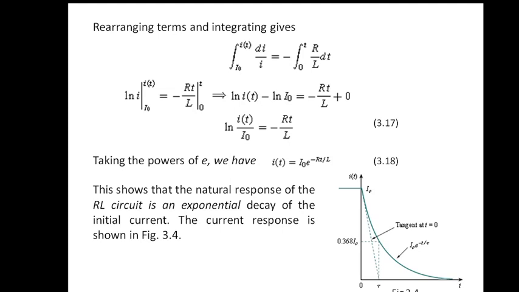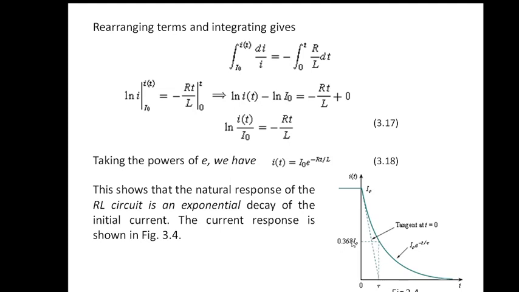For the RL circuit, the time constant is L by R. When time equal to tau, the response I of t reduces to 36.8% of the initial value. You can see from this graph, at t equal to tau the response is this value only, 0.368 I naught. At the initial time it is I naught. Okay, this much exponential decay here.